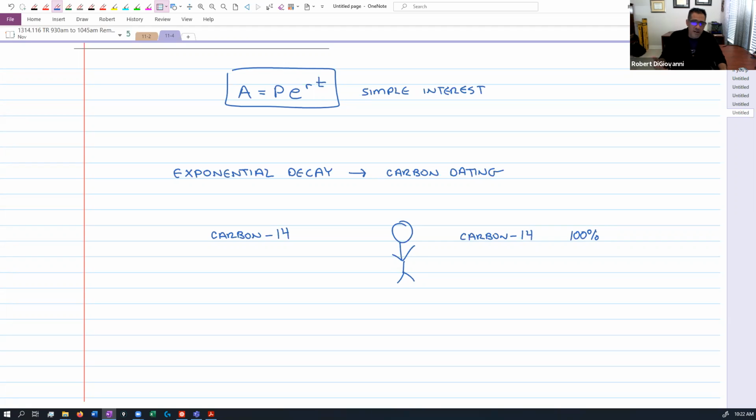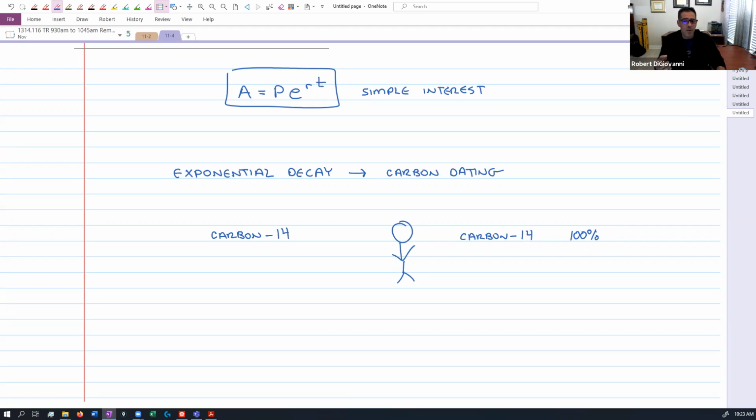So if I die right now, and later on today my body's in the morgue and they do a carbon-14 test, I'm going to have a lot of carbon-14, but not 100% of it because I will have died a few hours ago. So we can use the amount of carbon-14 in a bone or in a body to figure out how long ago it died.